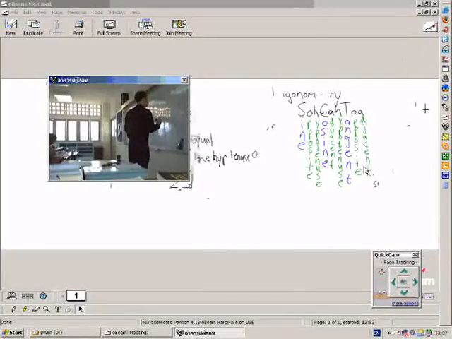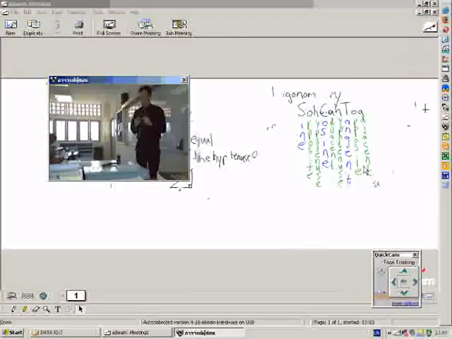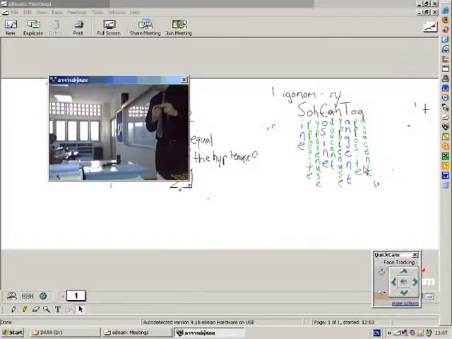So SOHCAHTOA again: sine, opposite over hypotenuse; cosine, adjacent over hypotenuse; tangent, opposite over adjacent.